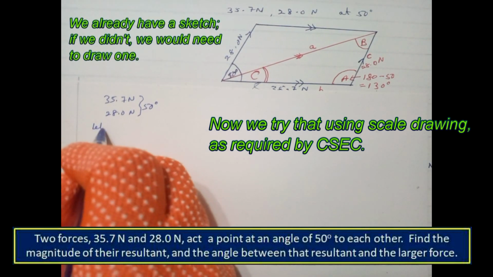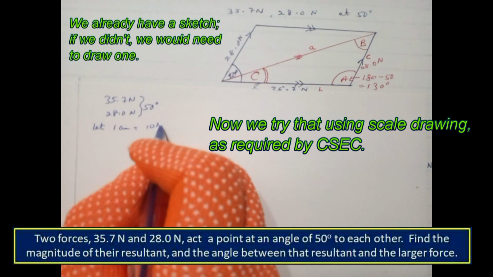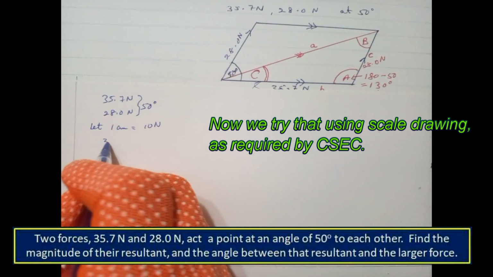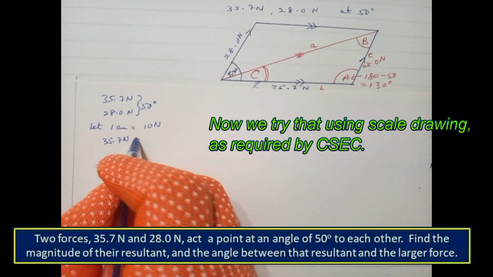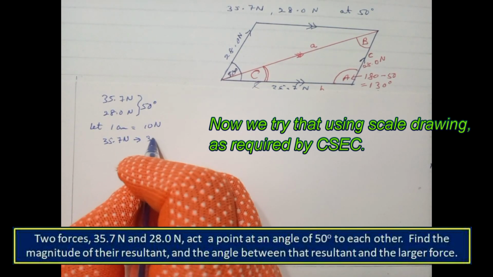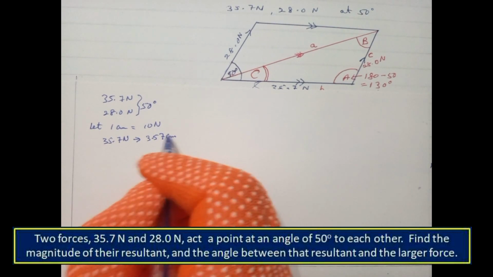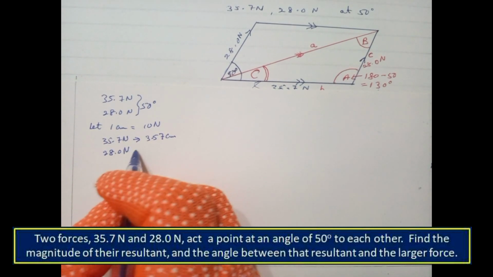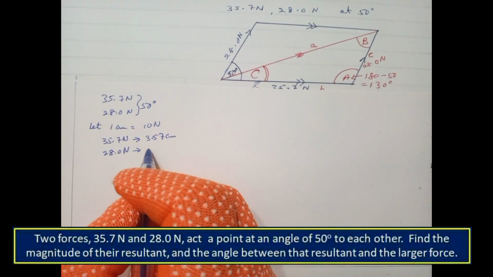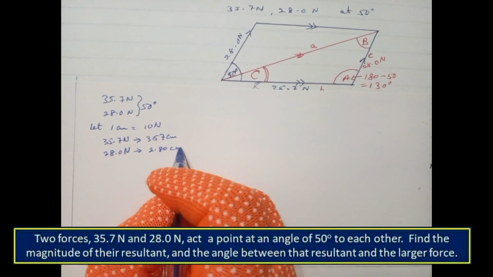If we say let 1 centimeter equal 10 newtons, then 35.7 newtons will be 3.57 centimeters, and 28.0 newtons will give us 2.80 centimeters.